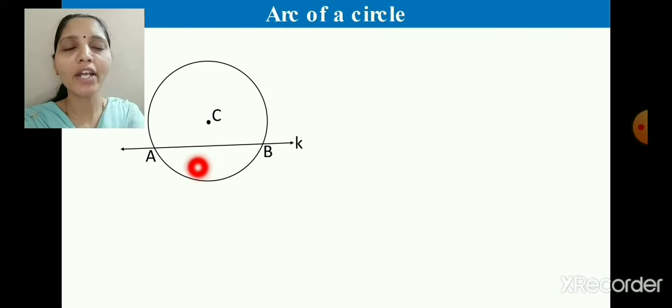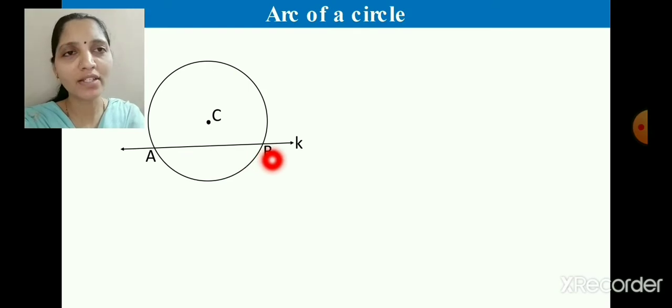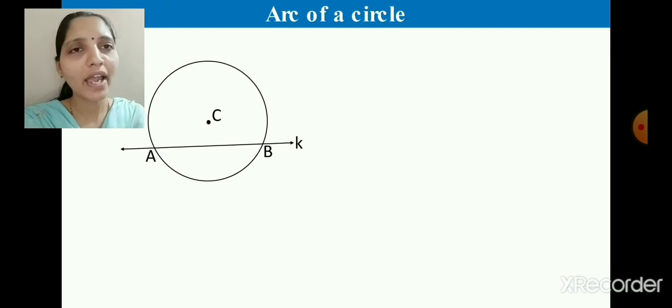Endpoints are the common points of intersection of circle and the secant. Here point A and point B, you can see these two points are common for circle and the secant. Therefore these two are called endpoints.